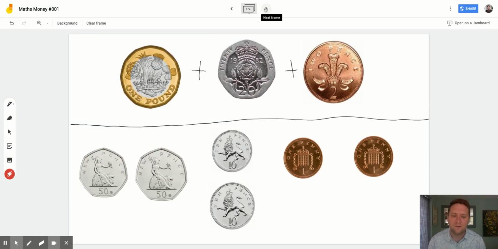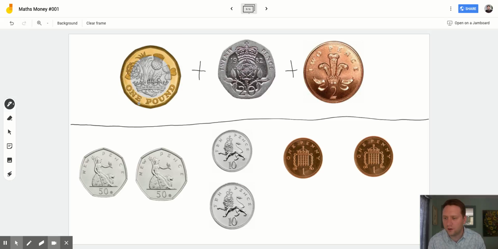Right, so here I just want to show you how we can add coins together. So at the top row we're looking at first, ignore the bottom row. I'm just going to add them up. So I've got £1, and then I'm going to add this 20p on, and I'm going to add the 2p. So I go £1, and then it's £1.20, and then £1.22.